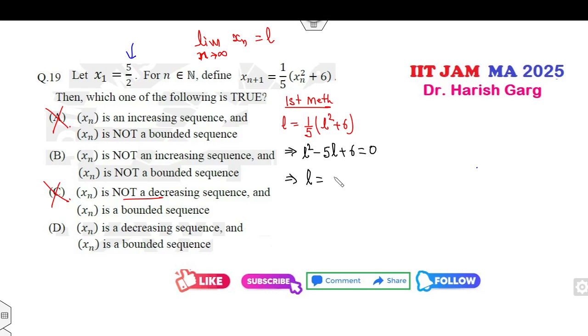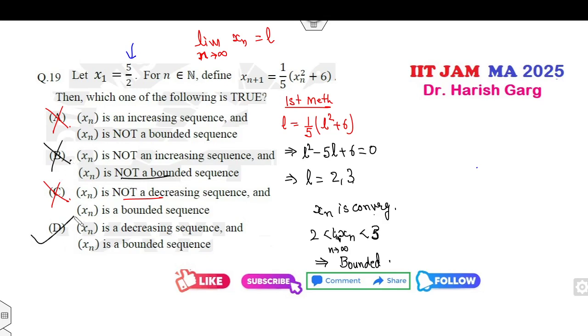L will be 2 and 3. So clearly the sequence xn is a convergent sequence. Fine. It is monotonic as well, and moreover 2.5 lies in between them, 2 and 3. Fine. What does it mean? That means this is a bounded sequence. Fine. So it's decreasing, not bounded. Cancel. This option is the right option.